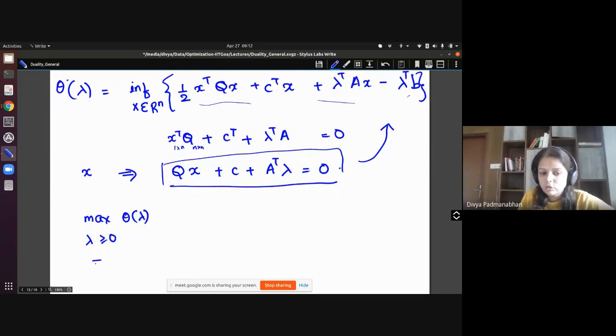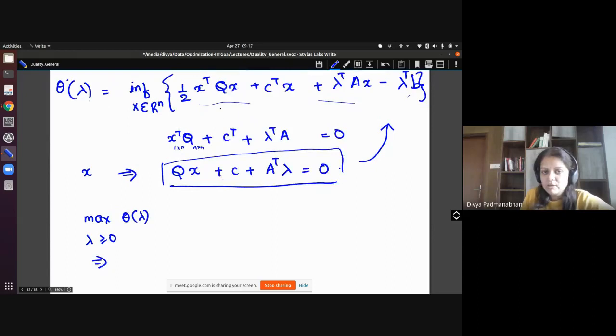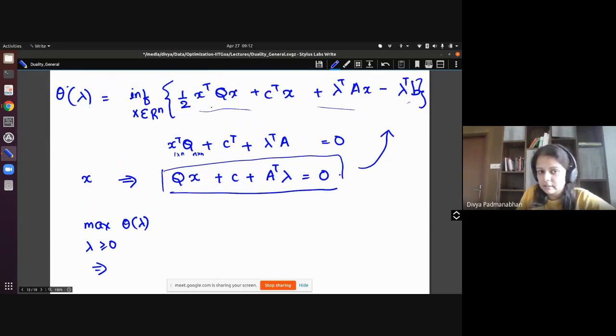To do this, we are again going to make some substitution here, for these values of x. One way is I'm just going to write this objective slightly differently. The theta of lambda ultimately, I'll call this x star, because x star is the one which minimizes this. So what I need to write is half x star transpose Q x star, this is the optimum x star, plus c transpose x star plus lambda transpose A x star minus lambda transpose b.